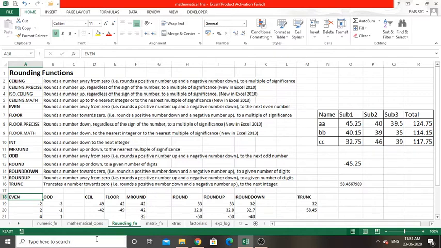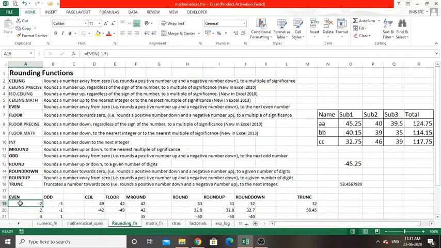So let's look at the even function first. The even function rounds a number away from 0, that is, it rounds a positive number up and a negative number down to the next even number.